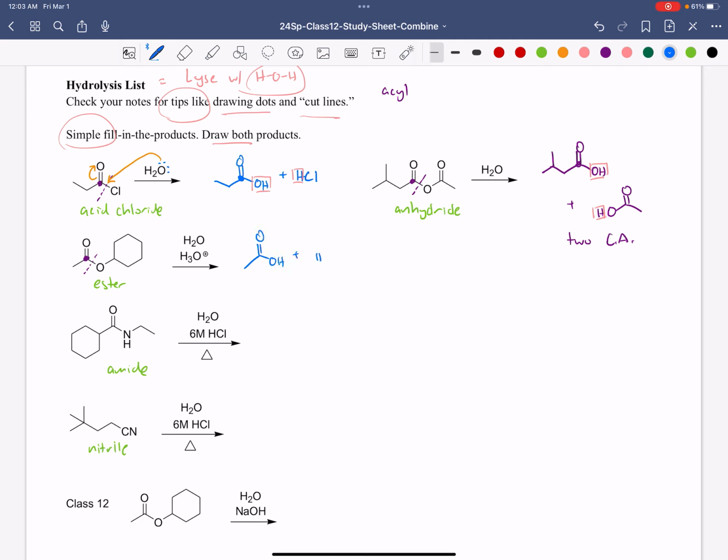The right side is the alcohol. And the boxes still work for esters, right? We have an ester, hydrolysis, they're still here. The boxes don't quite work when one of your products gets protonated and becomes charged, because we added an extra hydrogen. And we're going to see that in the next case.